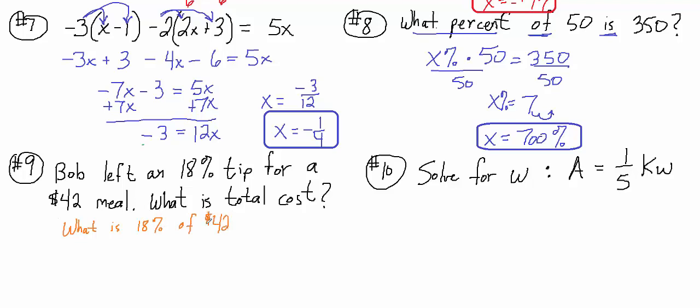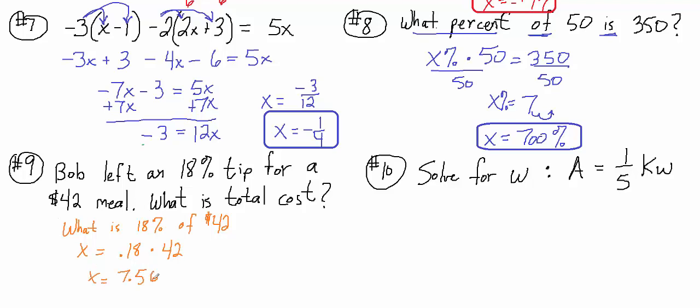So to do this, what means x, is means equals 0.18, of means times 42. I'm going to use my calculator here. 0.18 times 42.